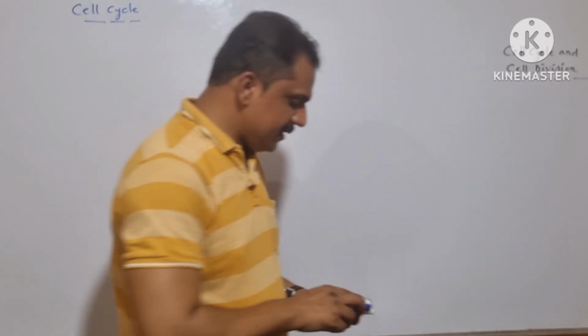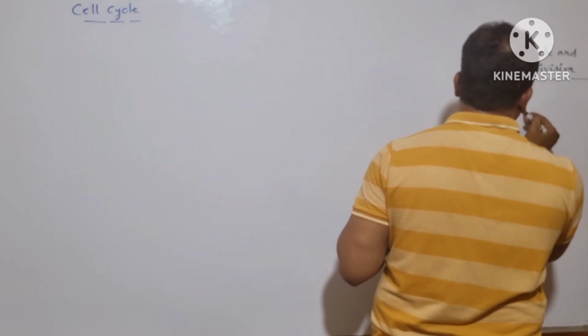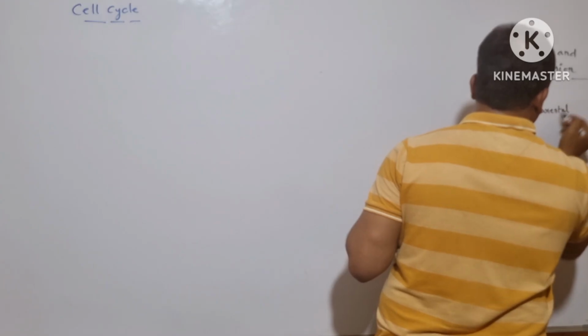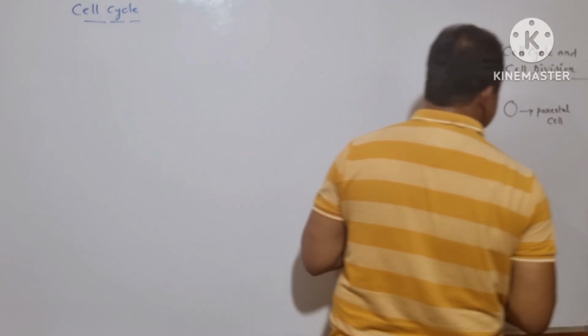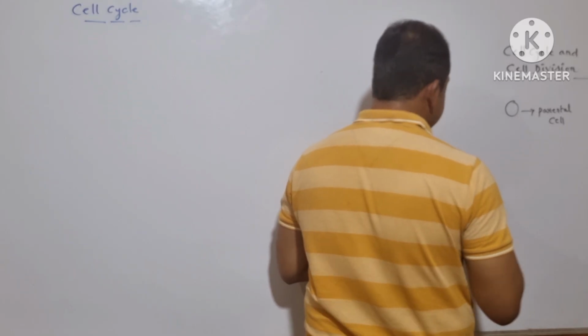Is it clear? So let us assume it is a parental cell. When the parental cell participates in the cell division, it yields two daughter cells.